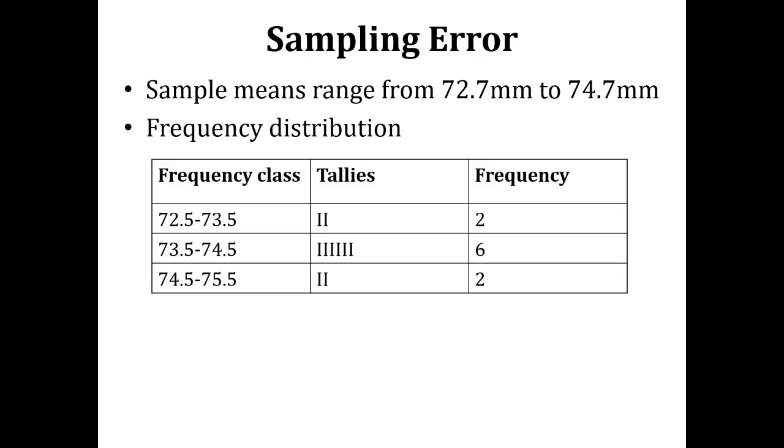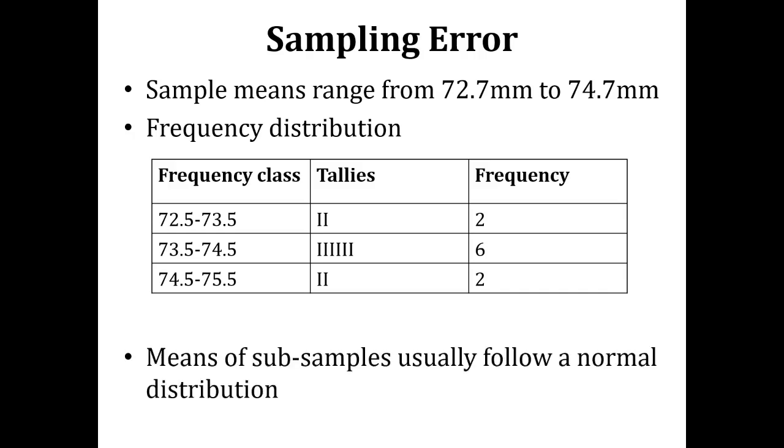And there were 2 samples that gave a value in the limits of 74.5 to 75.5, right? So this is the frequency distribution of these mean values, and we can see that it follows a normal curve. So this is a normal distribution.